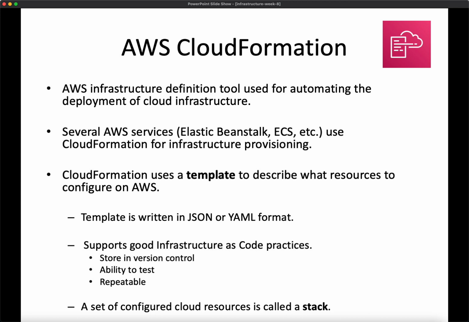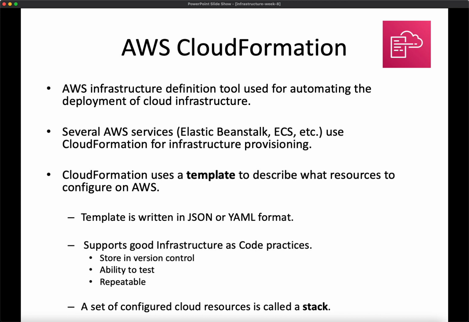The way that we build infrastructure using code in AWS is using a service called CloudFormation. So CloudFormation is an infrastructure definition tool which allows us to use infrastructure as code techniques to create almost any sort of resource that we need in AWS.